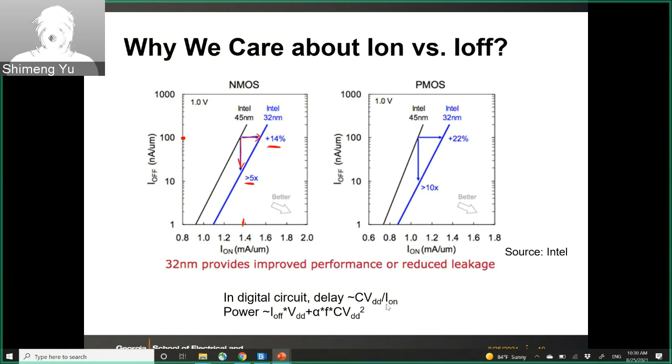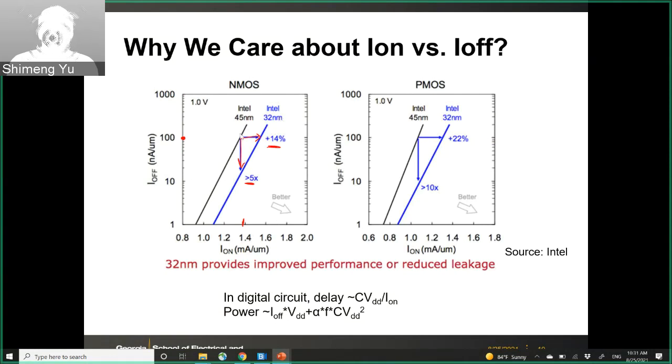So if you have larger on current, you can charge and discharge those capacitor loads faster, so the circuit can be operated faster and delay will be reduced. Also, from the power point of view, the leakage power is given by this off current times VDD. So we also want to reduce the off current. That's why we care about the on and off.